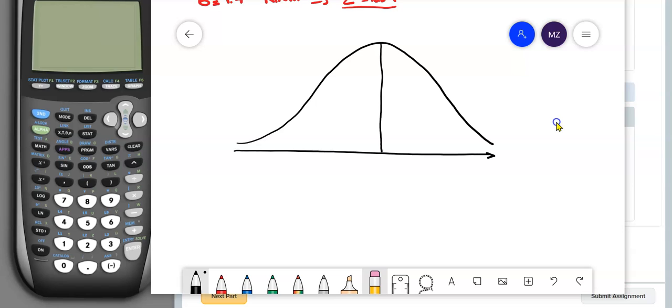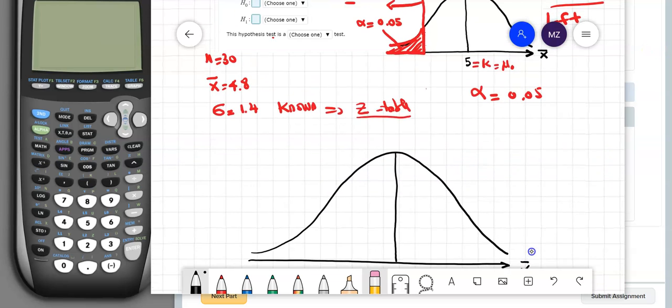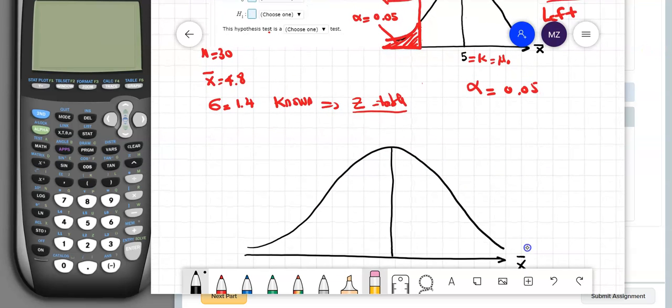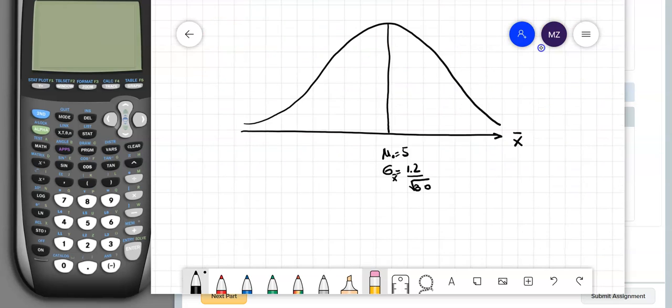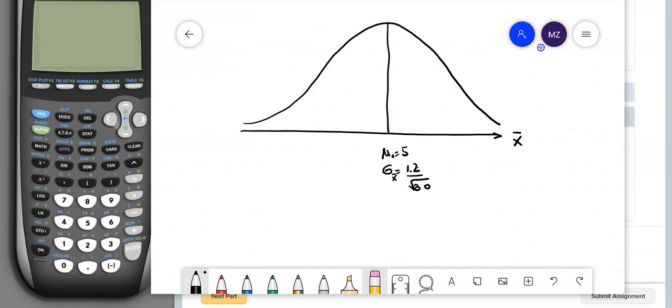So this is x bar, and this will be my mean, mu0, which is 5, and sigma x bar is going to be equal to 1.4 divided by radical n, which is radical 30. Let me verify the numbers, sigma is 1.4, not 1.2.